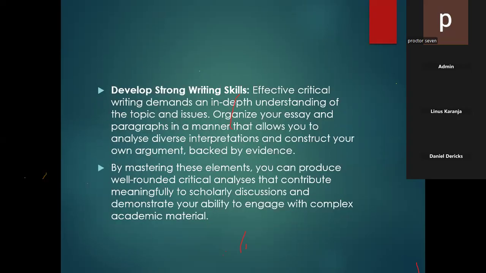Then you must have strong writing skills. You'll discover that when you go out to the field, most careers will want good paragraphing skills, good report writing skills. So we must develop strong writing skills for us to be good scholars.